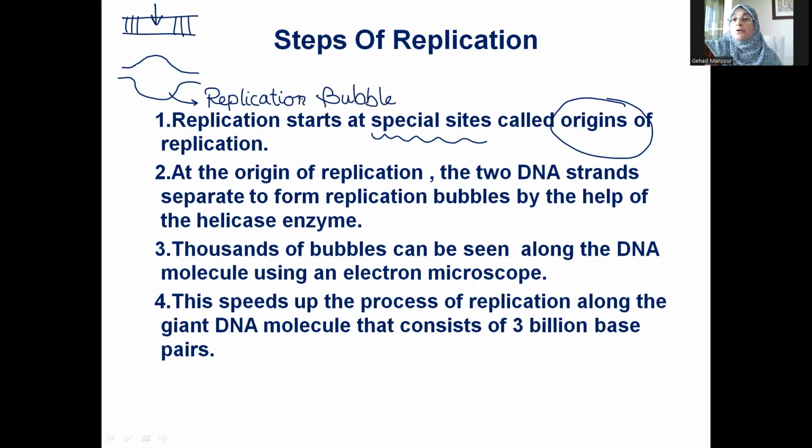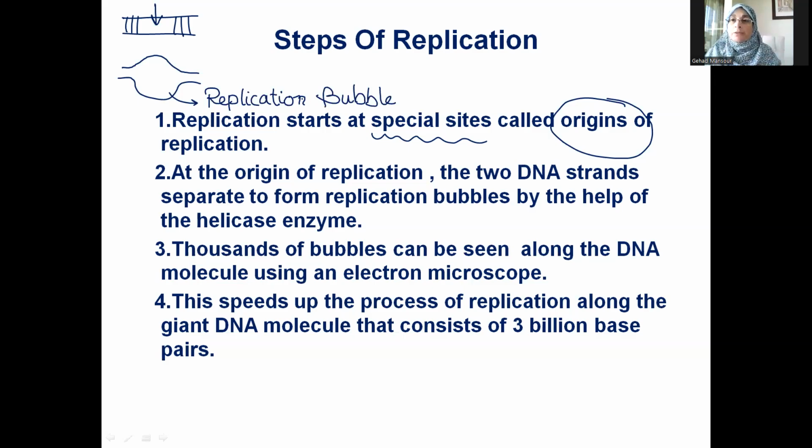And since the DNA molecule is very long, we cannot do this in series. We cannot create a replication bubble, replicate DNA in this swollen part of the DNA, and then go to another segment and start replicating it. This would take a huge time, because DNA is very long.